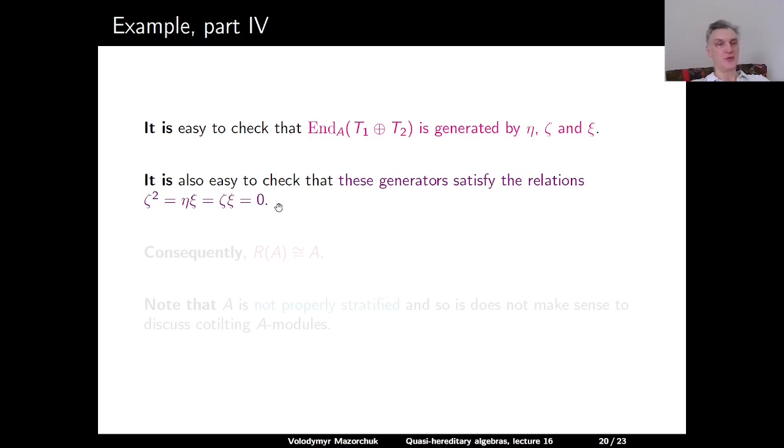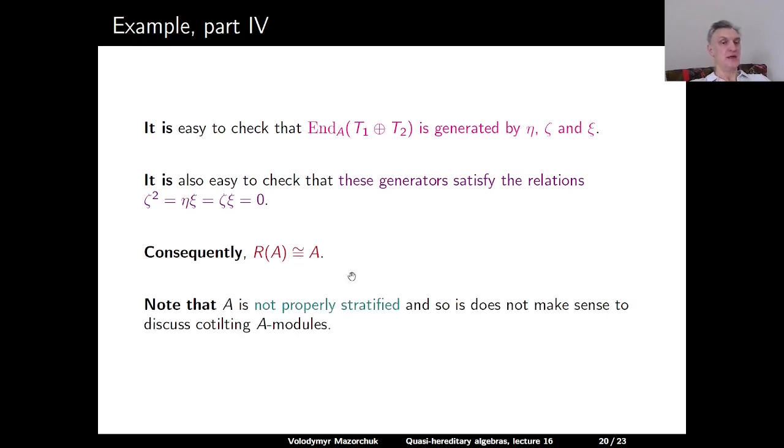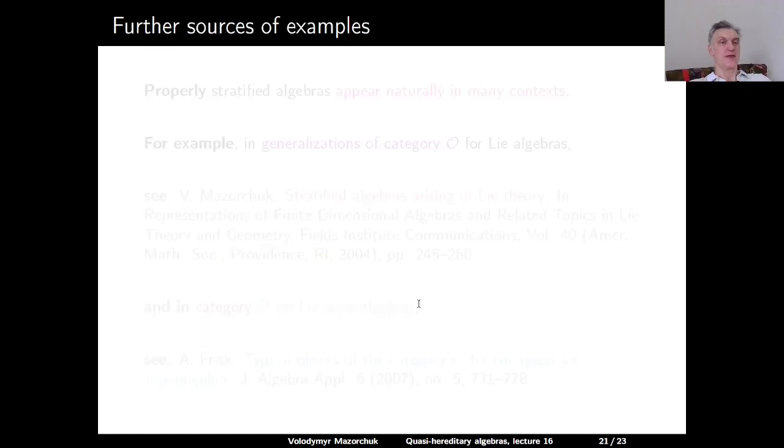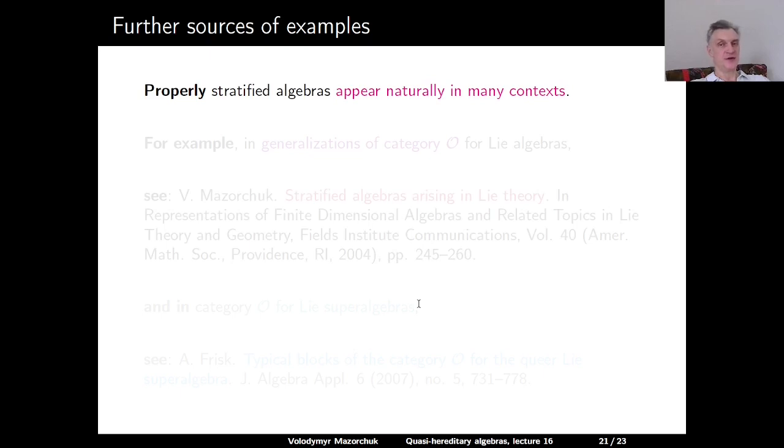And now if we take the opposite algebra, we see that the linear dual of A is actually isomorphic to A. And note that our algebra A is not properly stratified, so it doesn't really make sense to discuss cotilting A modules.